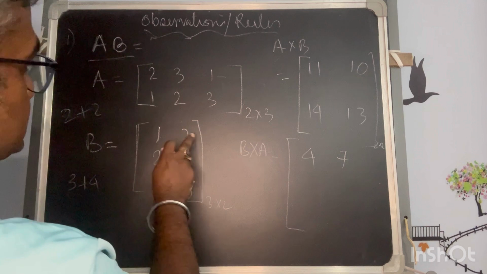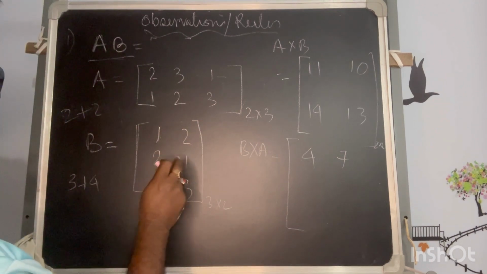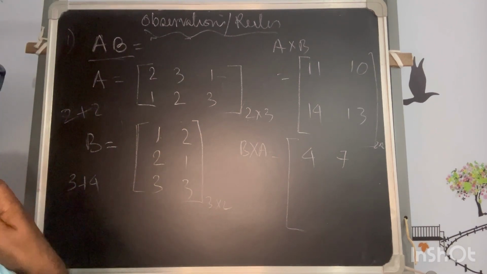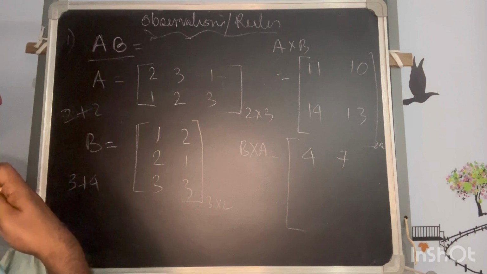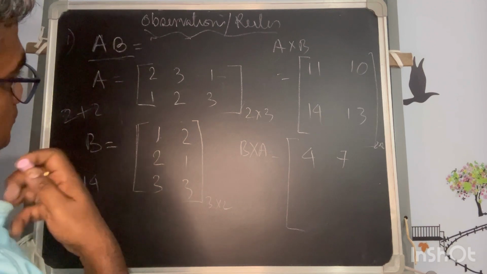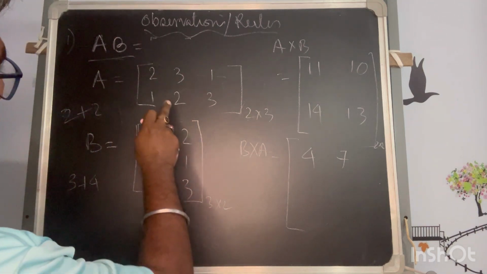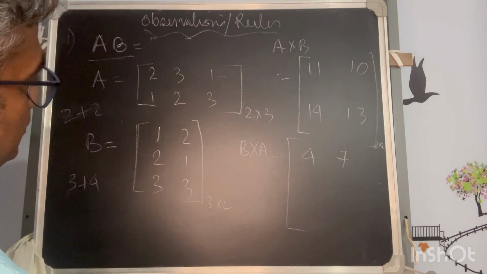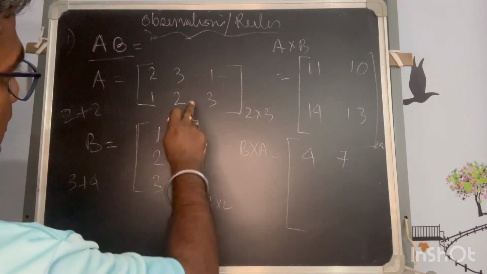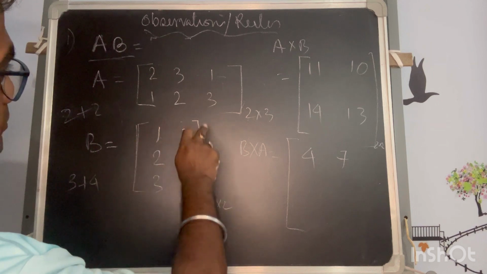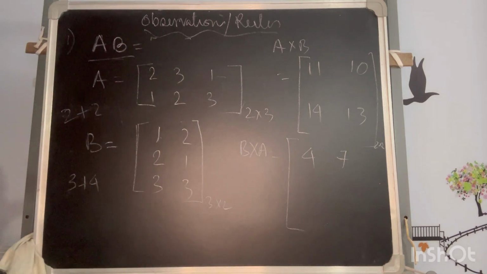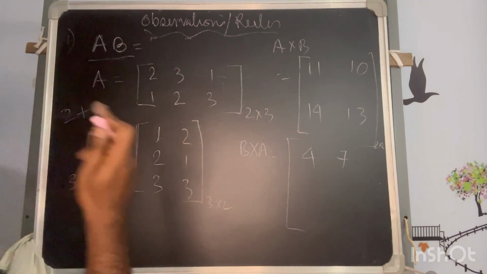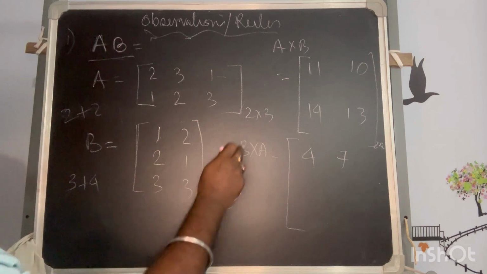Okay, this row is completed, but whereas I cannot multiply this with the third row. This is finished here. This is 3 cross 2, 2 cross 3.